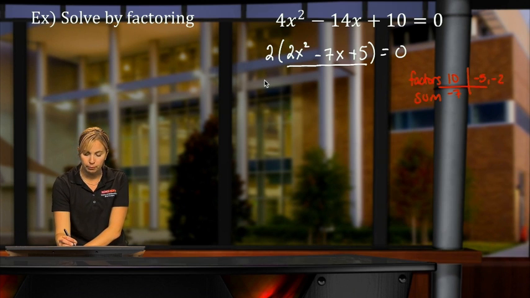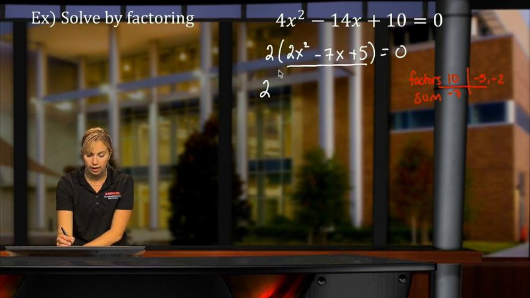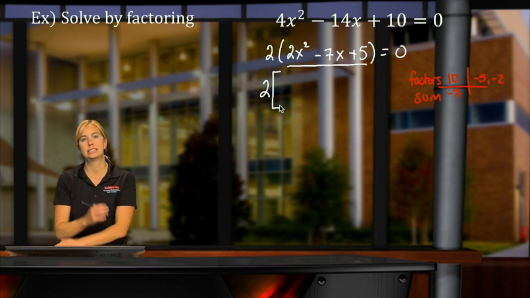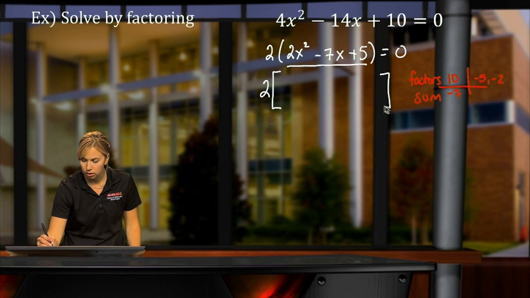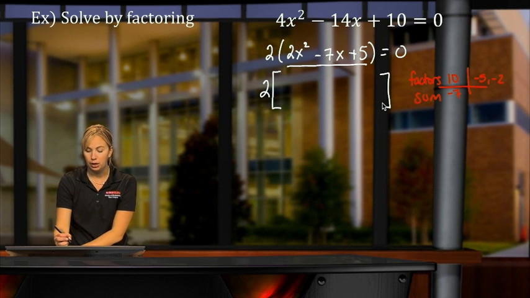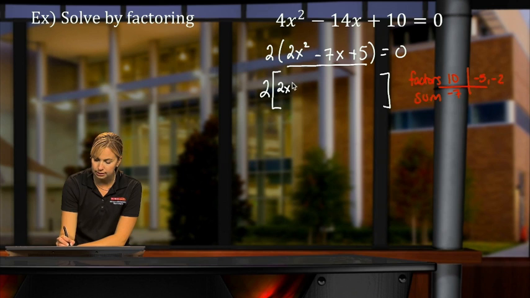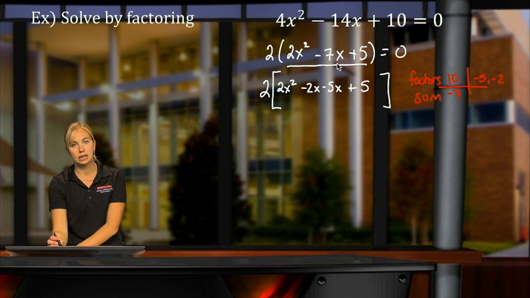Back to our original problem, the 2 stays out front, and I'm going to use brackets to separate the quadratic that I'm factoring from the 2. I'm going to rewrite my quadratic, 2x squared minus 2x minus 5x plus 5. I took the -7x and I split it up using the 2 factors we found over here.